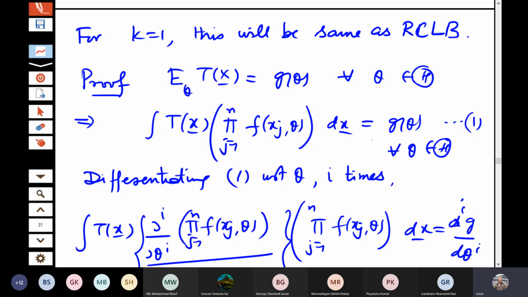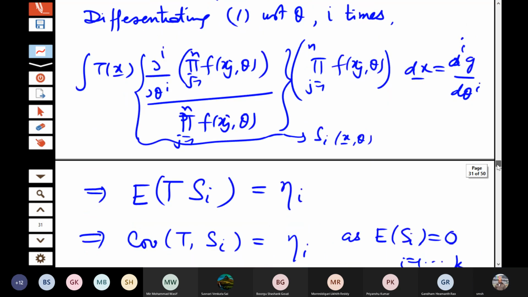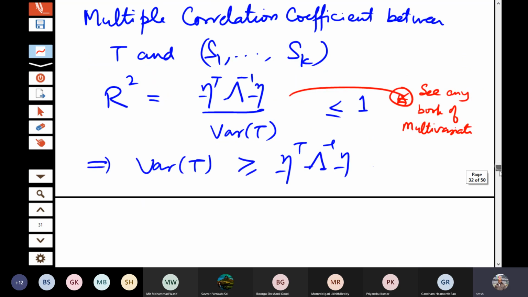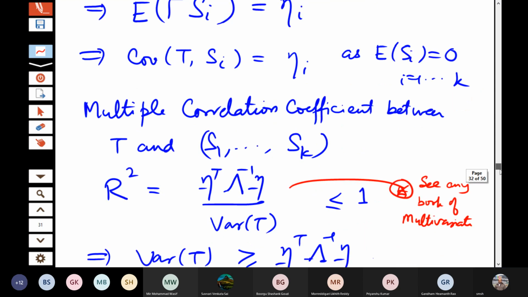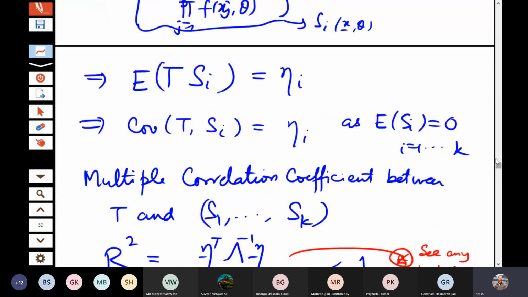Now I will differentiate I times. So if I differentiate it I times, this is the derivative, and then I am putting this in the denominator and I'm multiplying here so that this becomes expectation. This term is nothing but Si x theta, and this is Tx. So this is nothing but expectation of T into Si. And the right hand side is of course eta I that I have already written there. So since expectation of Si, earlier you have seen in the RCLB that expectation of S was 0.